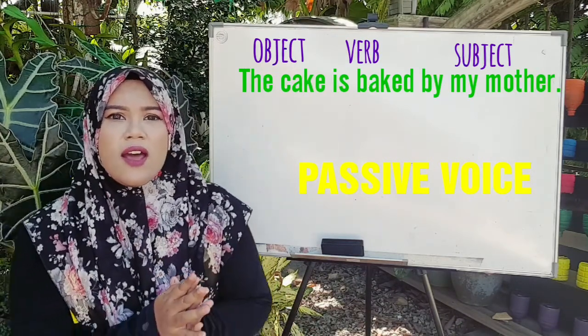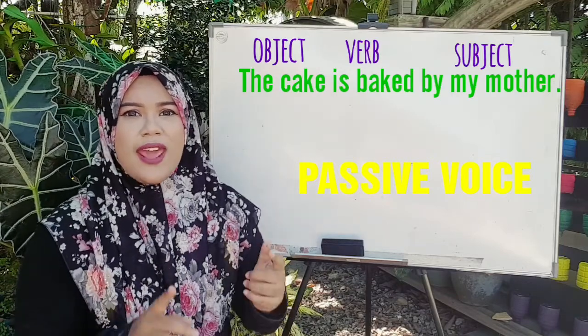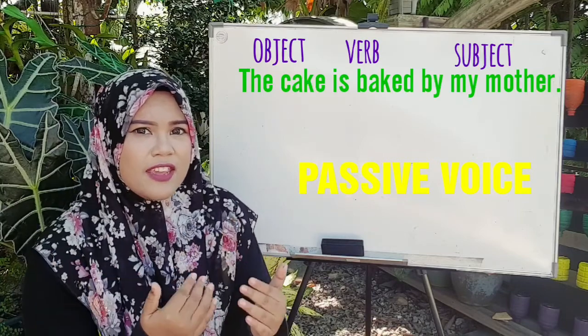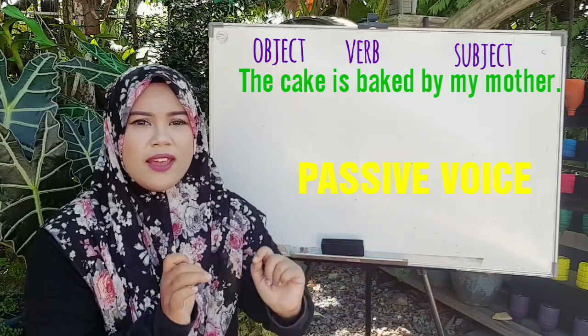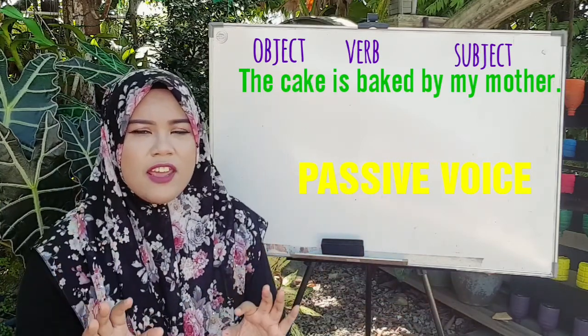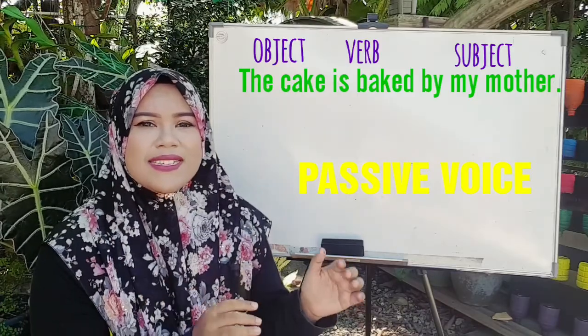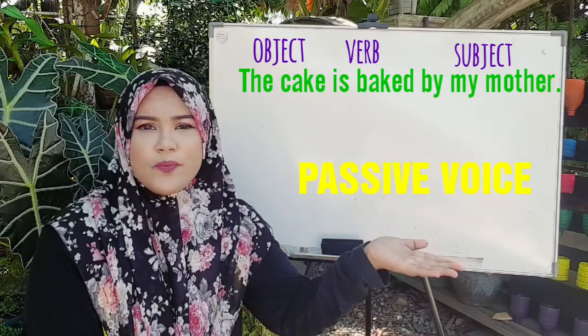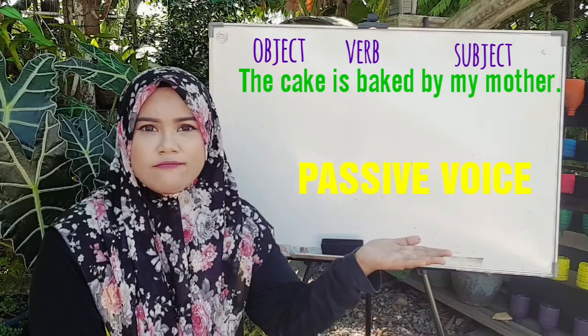Okay, now, do you see the difference between active voice and passive voice? Nampak tak perbezaan antara ayat aktif dan juga ayat pasif? Okay, again, I repeat. Kalau ayat aktif, my mother bakes the cake. Ibu saya membuat kek itu. Ataupun ibu saya buat kek itu.